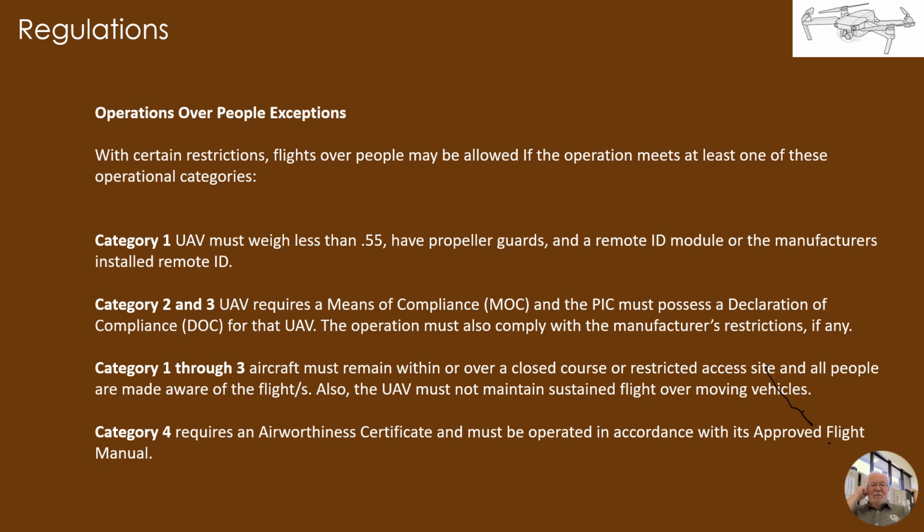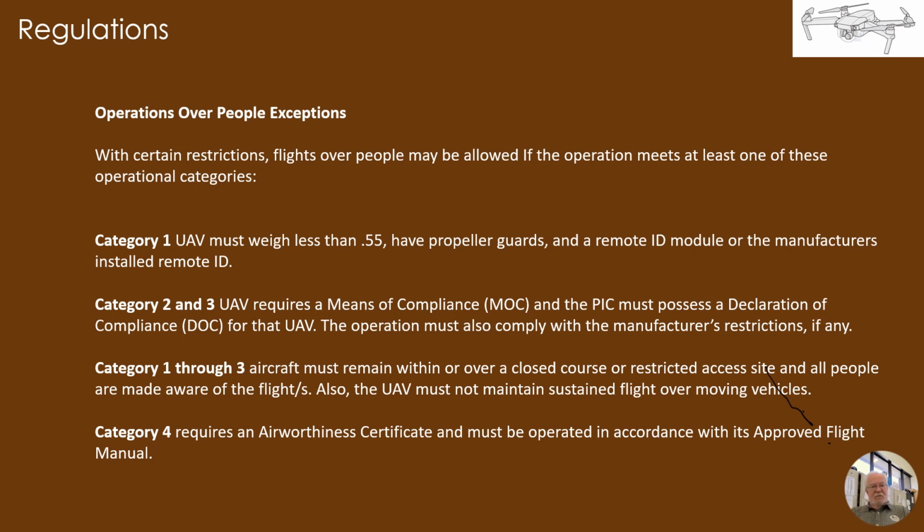These are the exceptions. Under certain restrictions, flights over people may be allowed. We've got these operational categories: Category 1, Category 2, Category 3, and Category 4. Briefly, for the purpose of the test, Category 1, you do this yourself. You buy an aircraft and weigh it, and it's less than 0.55 pounds.